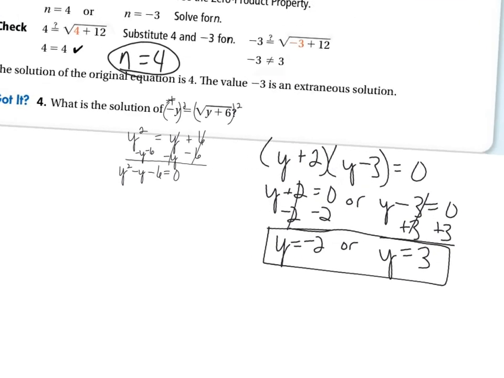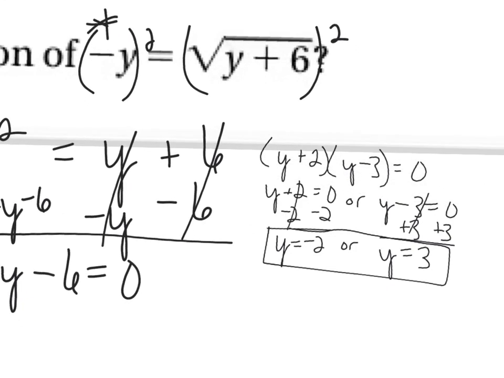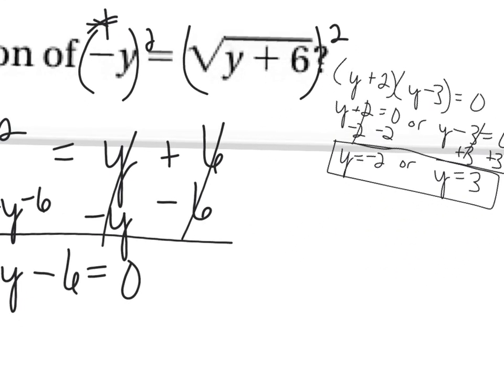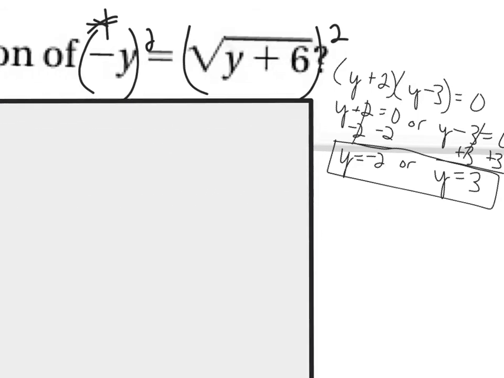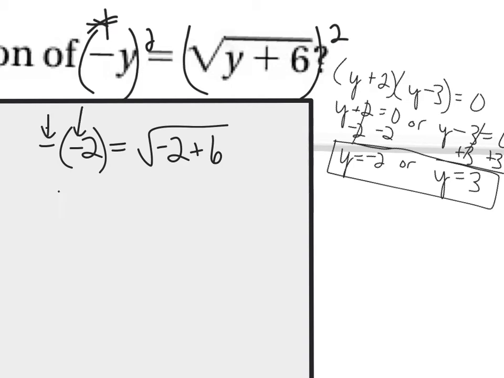So if you go back to the original equation, if you try a negative 2 first, opposite of negative 2 would be a positive 2. Is that equal to square root of 4? And it is, so that works.